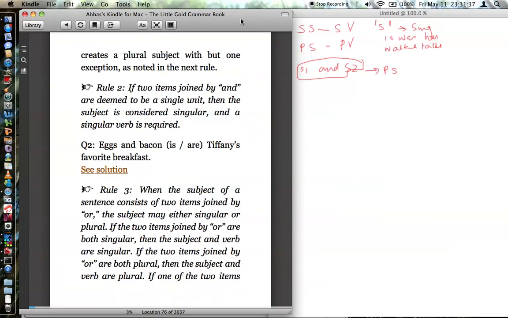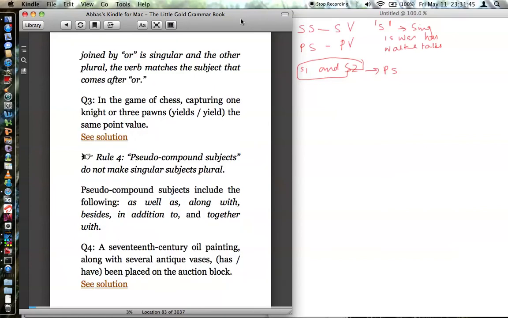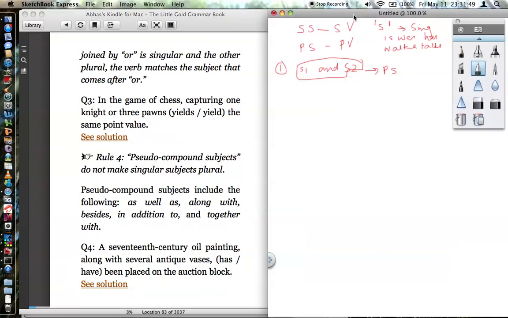Then the next rule, I'm going to skip this rule. You can probably pause the video and take a look. Rule 3 says that if you have two subjects separated with an "or," the verb agrees with the subject closest to the verb.